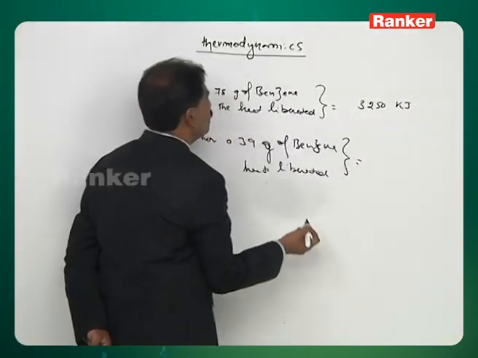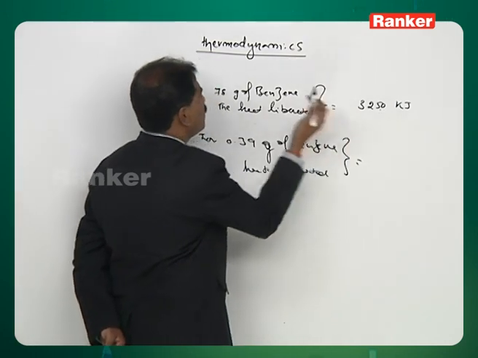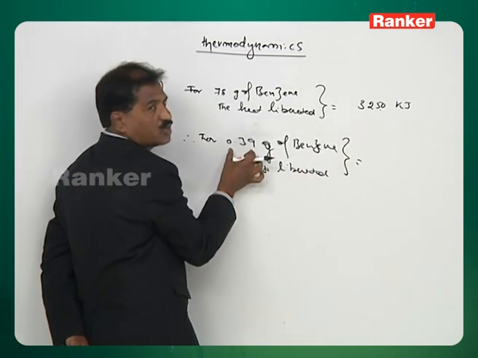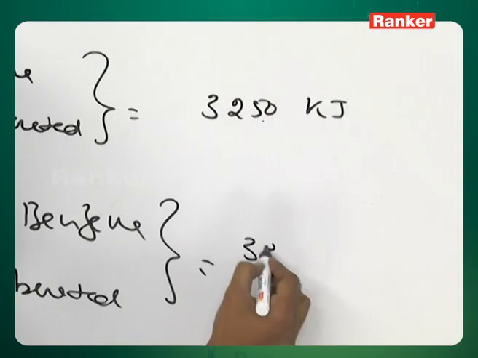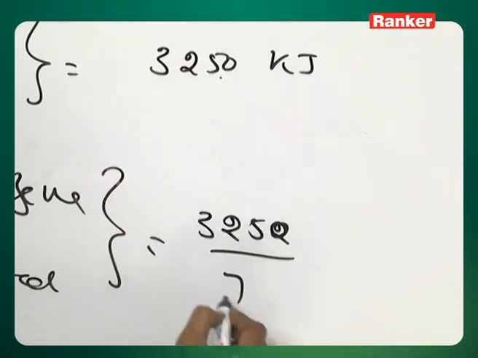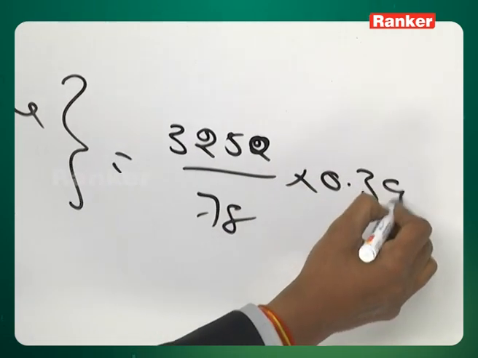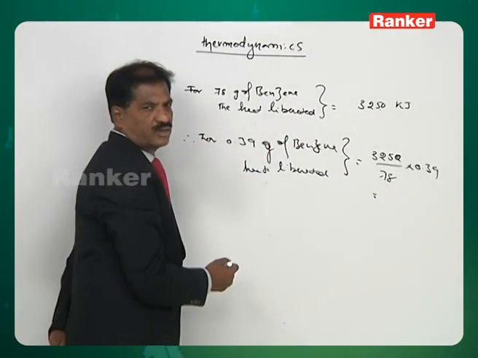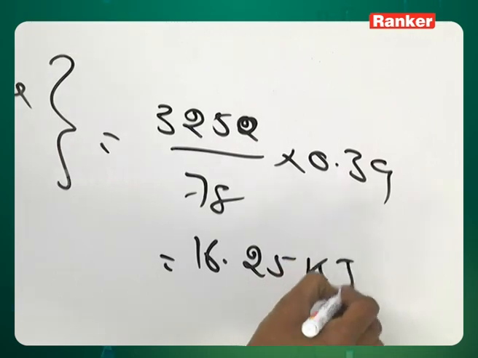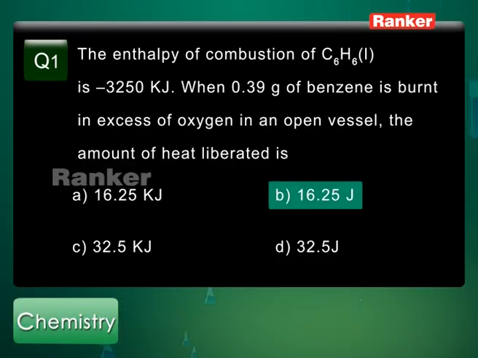In the problem, they have given the amount of heat liberated for the burning of 78 grams. We have to calculate the amount of heat liberated for 0.39 grams. Therefore the solution is 3250 upon 78 into 0.39. So the answer is 16.25 kilojoules. Answer is B.